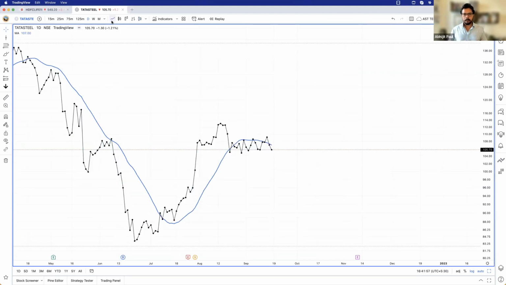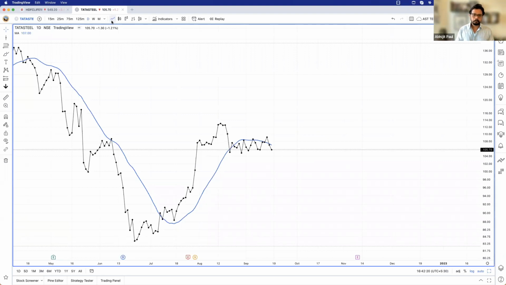This line chart has markers, which are the closing prices. We are not looking at open, high or low. We are only looking at the closing price, and a 20 period moving average calculated from these black lines, which is the closing price.